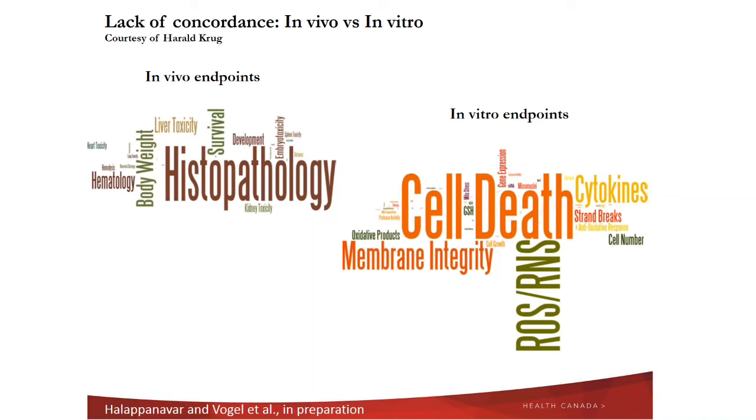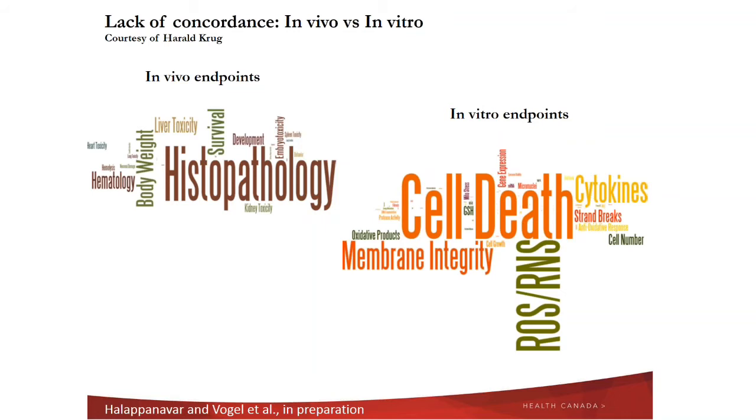Whereas in vitro studies, you will see that the endpoints are basically targeting the biological processes or the basic functions of the cells, such as cell death, oxidative stress, or cytokine induction, etc. And as you all know, in vitro studies are conducted mainly with the purpose of understanding the mechanisms of action, and therefore do not always have relevance to the observations that we see in in vivo studies, as well as use for regulatory decision making.